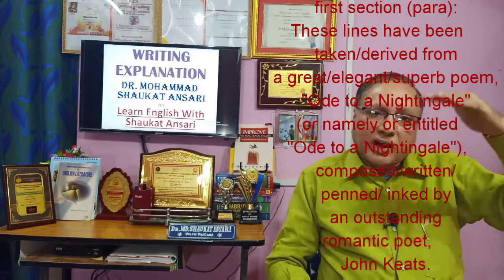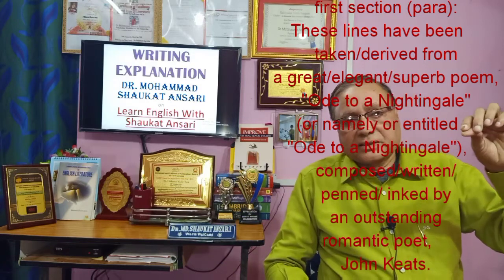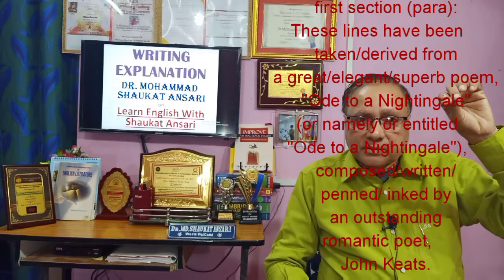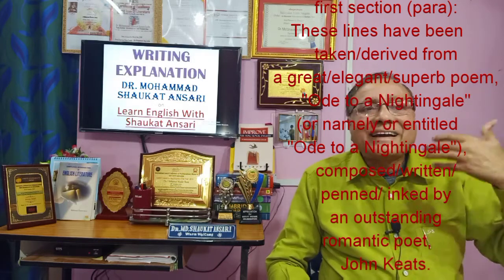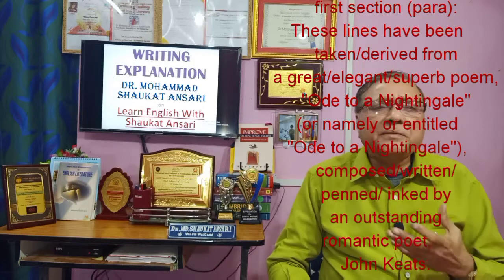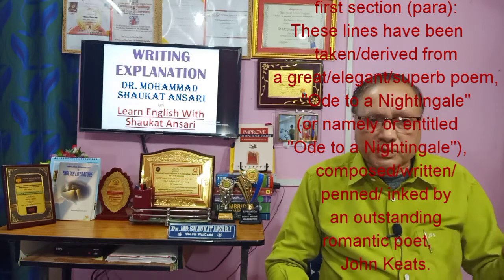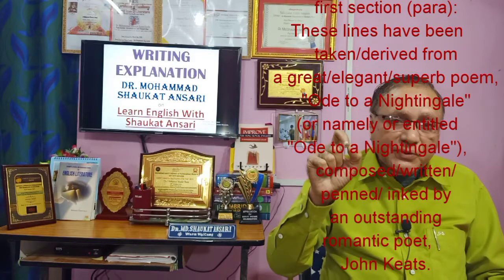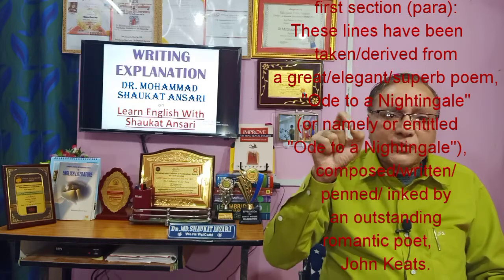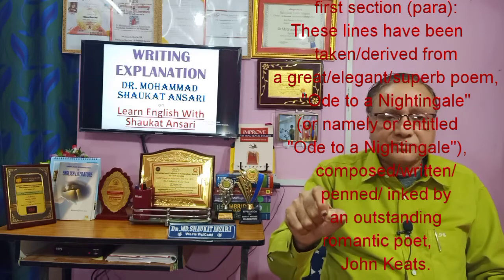And at the outset I have told you that my poem here for discussion is Ode to a Nightingale. A very beautiful poem, brilliant poem. So, how can you begin your first section, I mean first paragraph of your explanation?